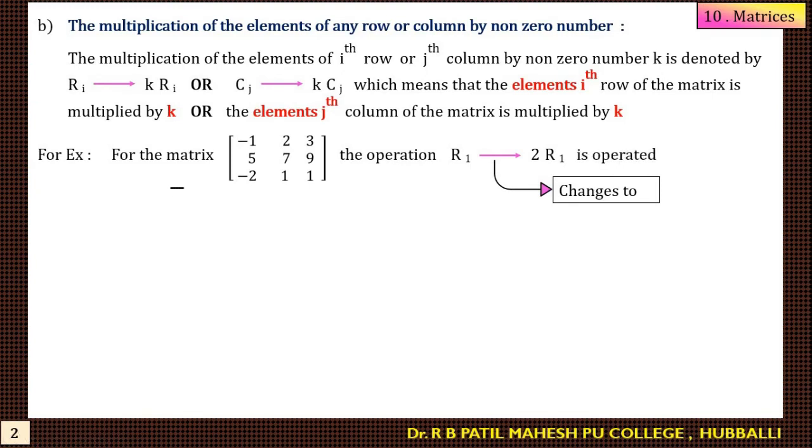These are the first row elements, now changed by multiplying by 2, that is 2R1. So the first element is multiplied by 2, which becomes -2. The second element is 2 into 2, 4, and the third element is 2 into 3, 6. The remaining row elements you keep as they are, because according to the written operation, R1 changes to 2 times R1. Only R1 is changed. I hope you understood how this second operation is operated.